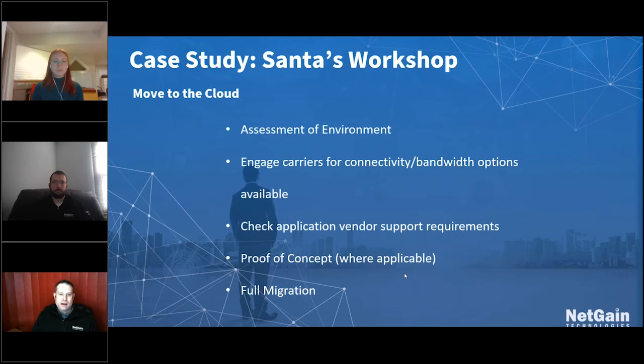In the case of server workloads, so infrastructure as a service, typically we're adding the cloud environment to your on-premise environment almost as a secondary site, and then we're replicating those server workloads up into the cloud and then failing them over, just like we would if we were using a cloud disaster recovery solution.